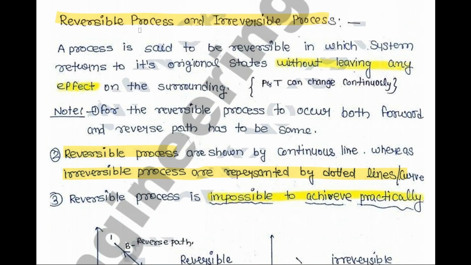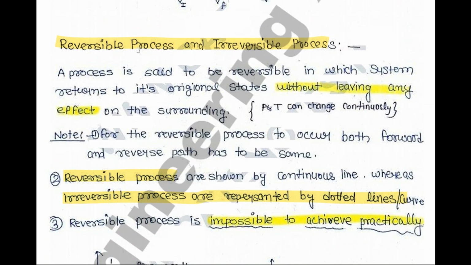And there are two types of processes in thermodynamics: one is reversible and another is irreversible. Reversible means it should be done with a driving force that is infinitesimally small.